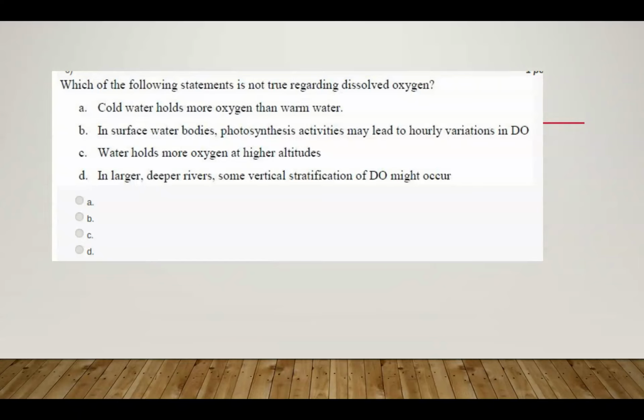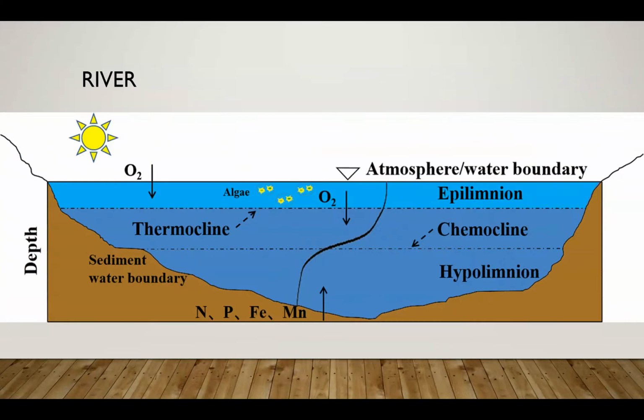In D, in larger, deeper rivers, some vertical stratification of DO might occur. What does that mean? This is a rough picture of a river. A river is not a single body, so there will be different density and temperature regions.